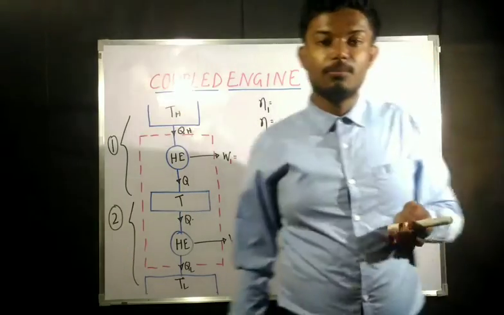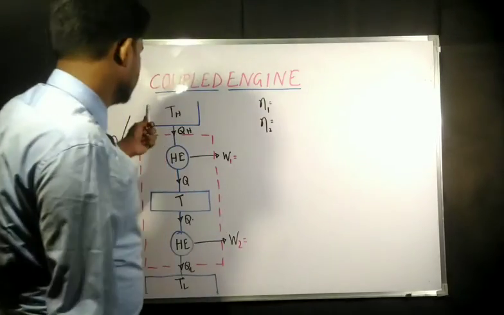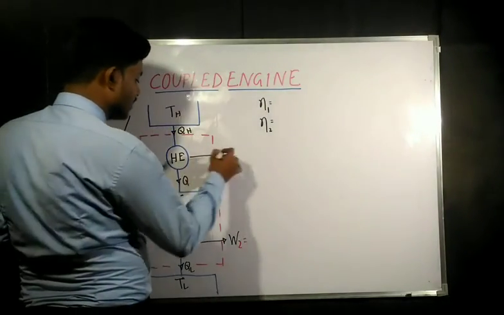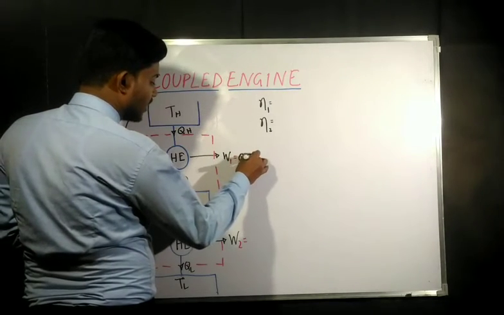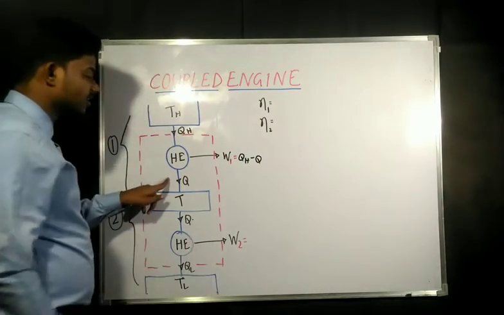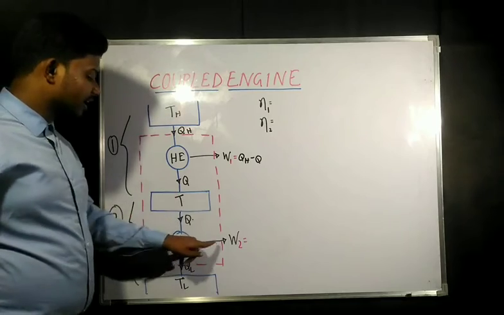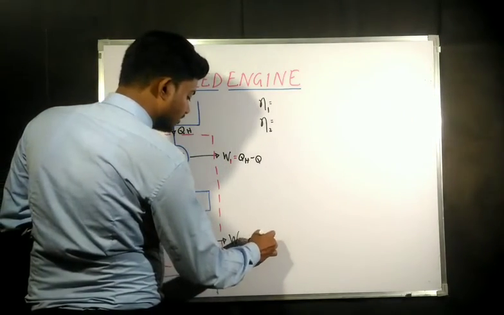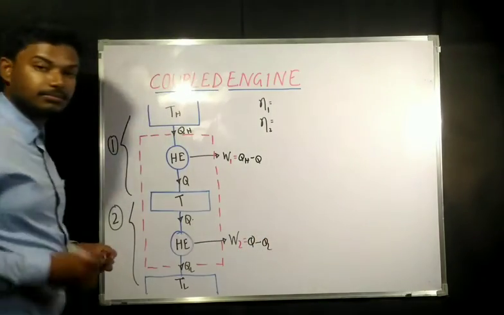As we learned from the first law, W1 is QH minus Q, since there is no QL here, that is Q. And W2 is Q minus QL.